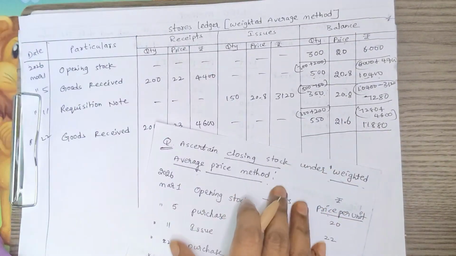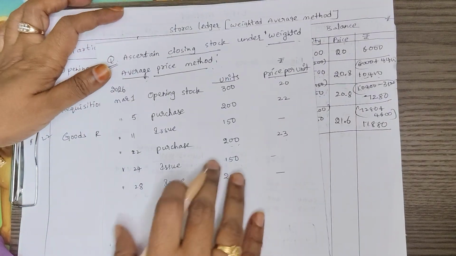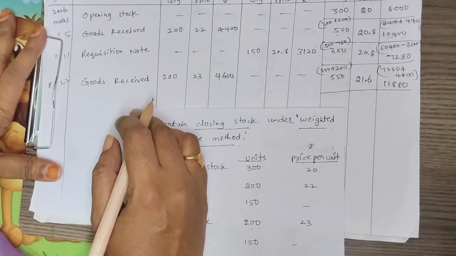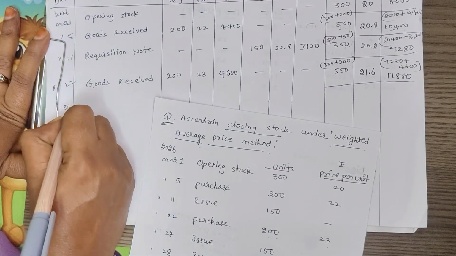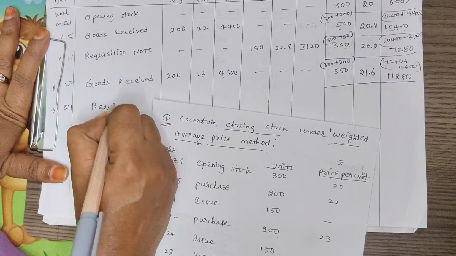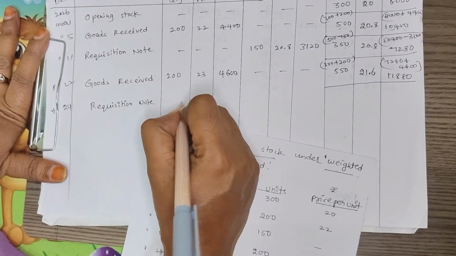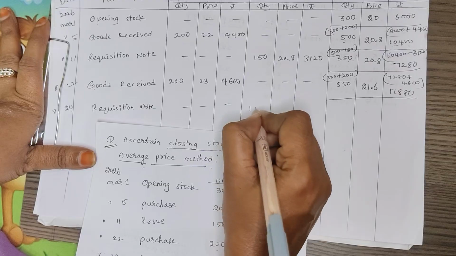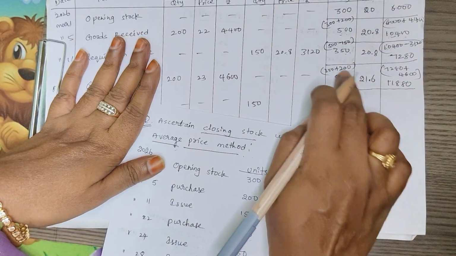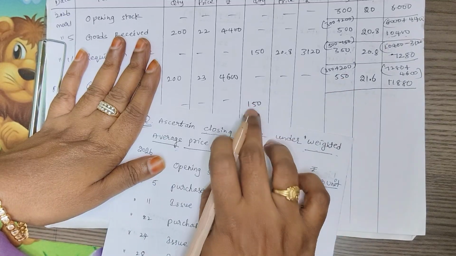Close this. And next, issue. How many units? 150. On the 24th, we have an issue, that is a requisition note. In the issue column, 150 units from 550 units, because available stock in our store is 550 units. From this 550 we are issuing 150.